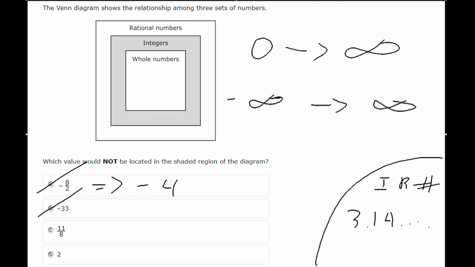So 11/8 is going to end up giving us some type of decimal. So 11/8 is a rational number, not an integer. So this is probably our correct answer. What about 2? 2 fits on the number line, so 2 is not it. So therefore, correct answer is C, 11/8.